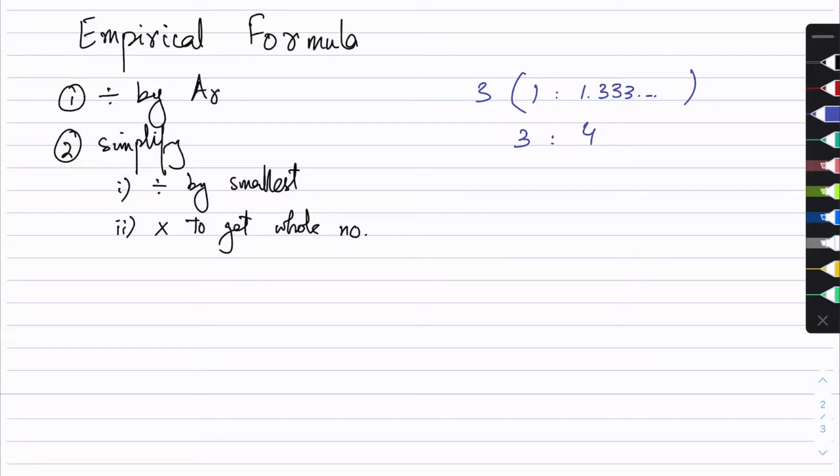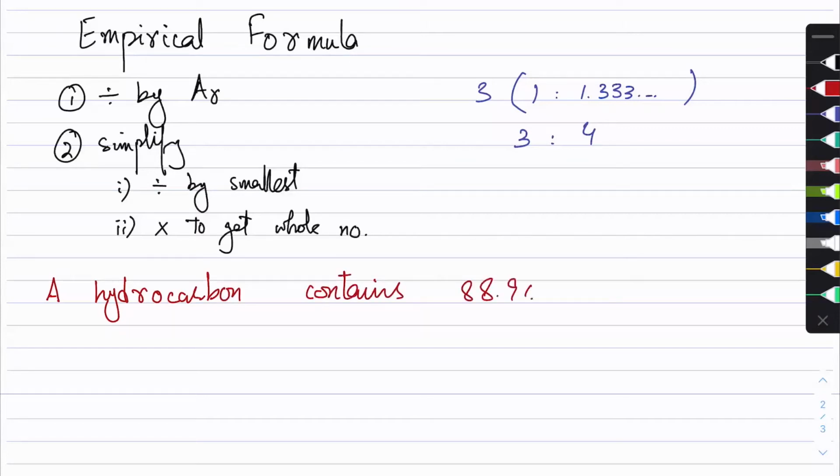Okay, so this is a question from 2019 again, and the question is phrased in a way that might be confusing. The question says a hydrocarbon contains 88.9% carbon. Find its empirical mass.